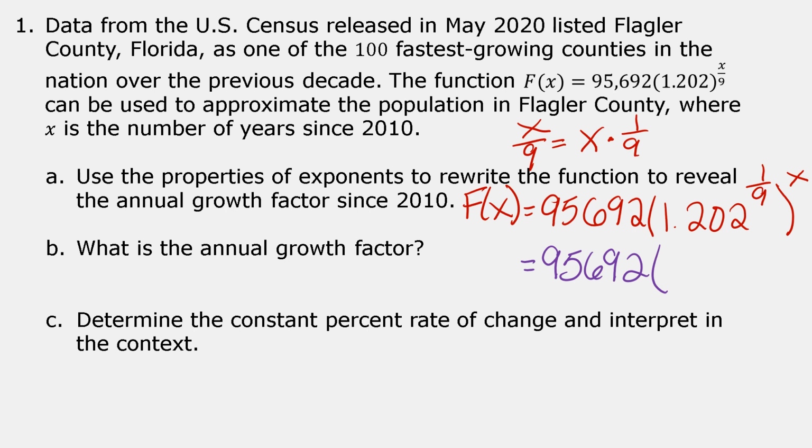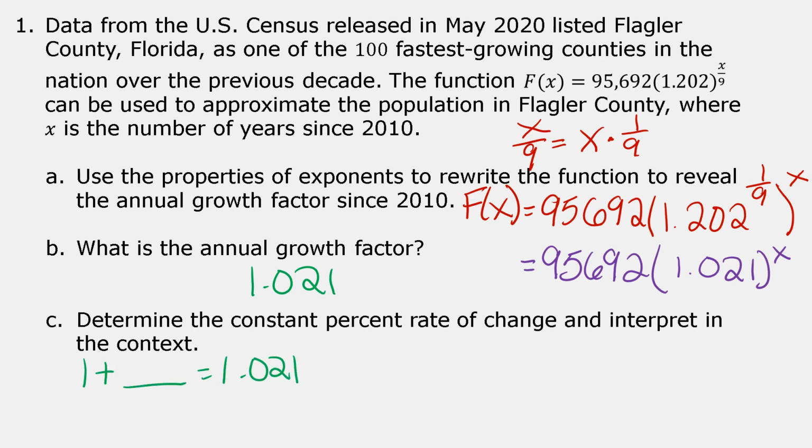I might have to help you because that's not right. Alright, so you should have gotten 1.021 raised to the x. So that 1.021, that's our growth factor. So your growth factor is your base. R is when we try to figure out 1 plus what would get to the 1.021.